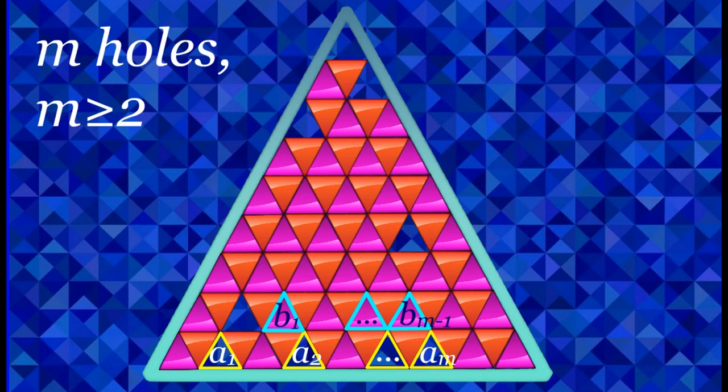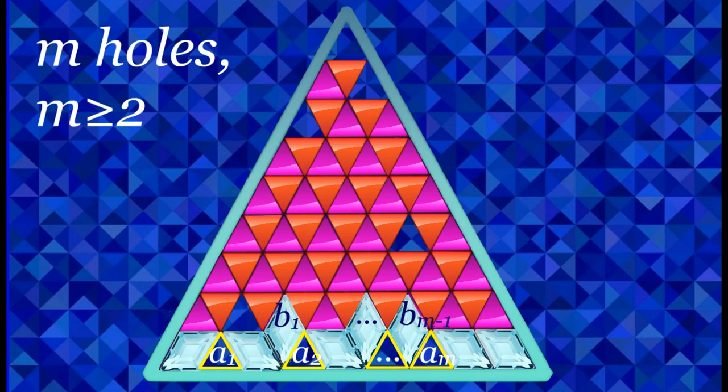Now, we cover each Bi, and the downward unit triangle below it, with a diamond. In this situation the remaining part of the last row B can be tiled by diamonds.